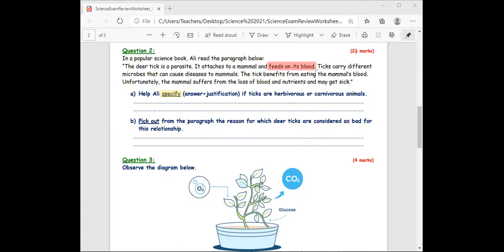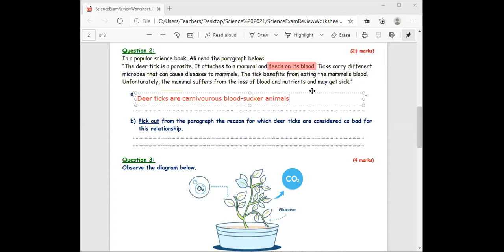Carnivorous. Which class of carnivorous animals? Bloodsuckers. Perfect. So deer ticks are carnivorous bloodsucker animals. Why do you think that they are carnivorous bloodsucker animals?